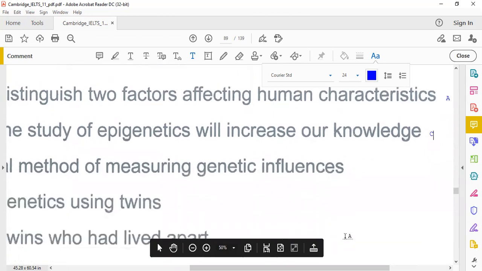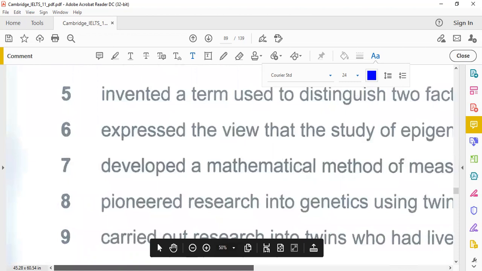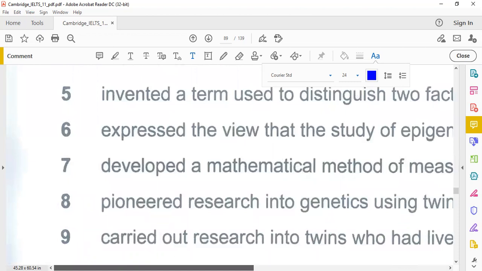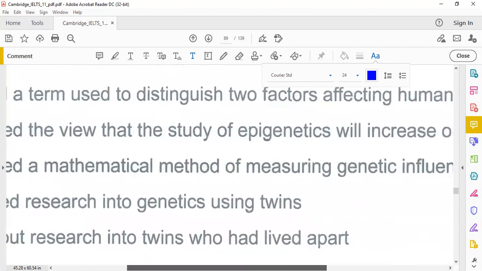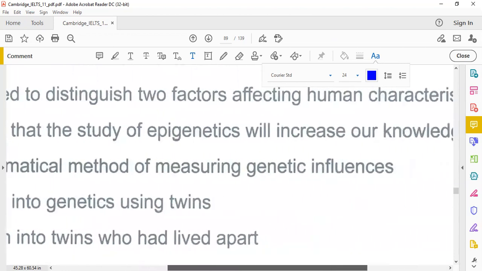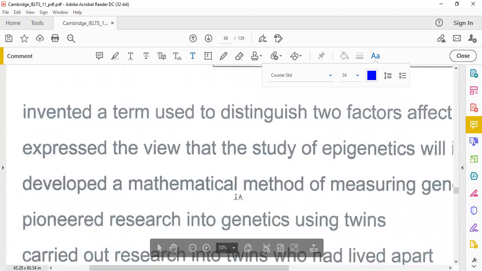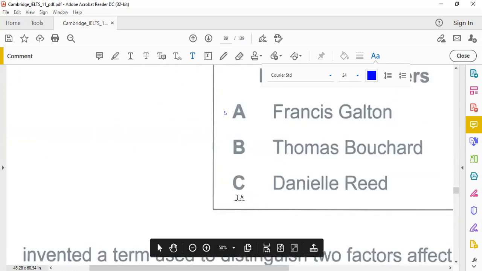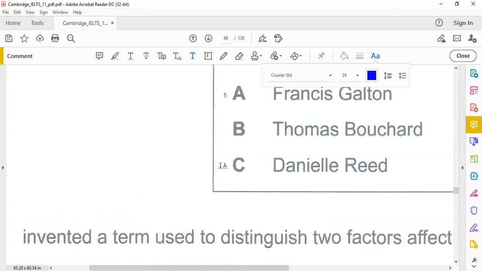Next we see number 7: developed a mathematical method of measuring genetic influences. Who developed this method? Thomas Booker. Right here, number 6.